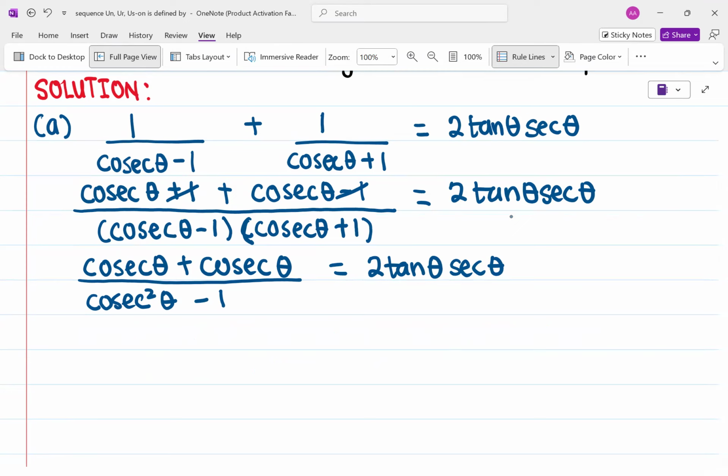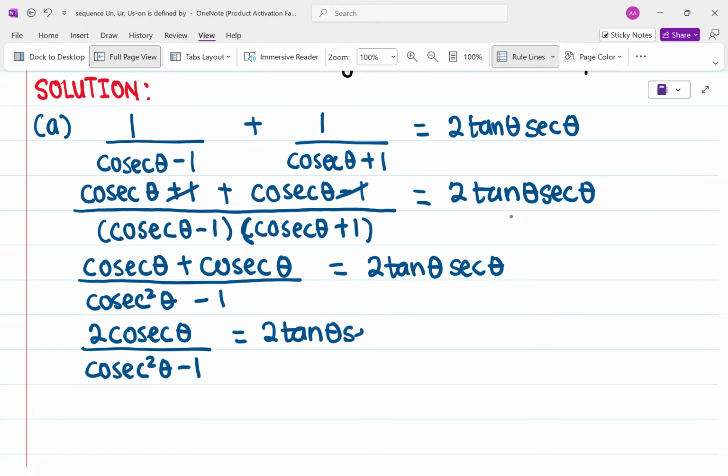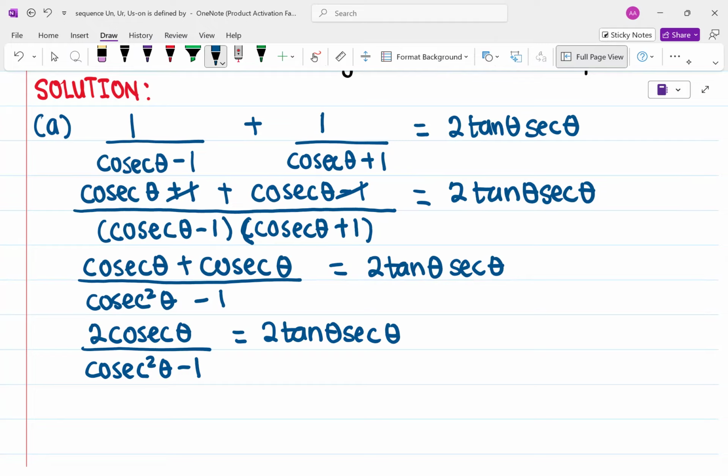If I solve this further, this will become 2 cosec theta over cosec square theta minus 1 equals 2 tan theta sec theta. Cosec theta plus cosec theta gives us 2 cosec theta.